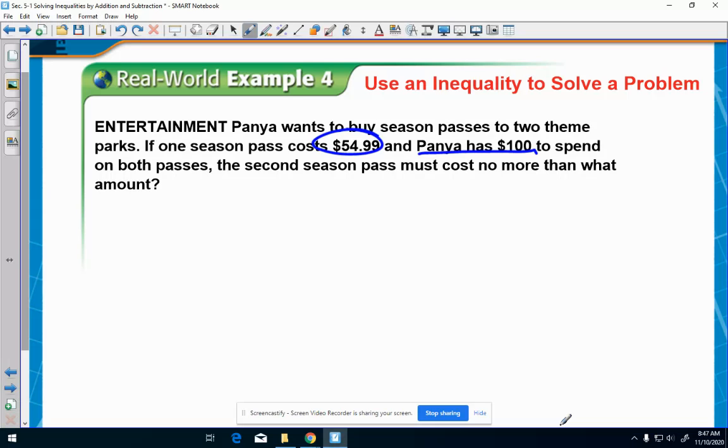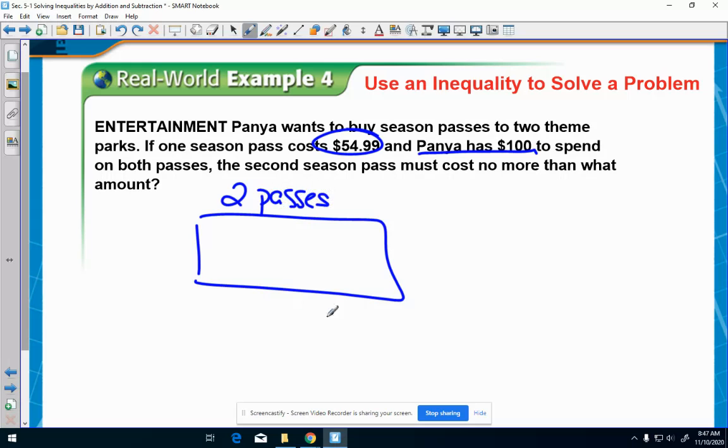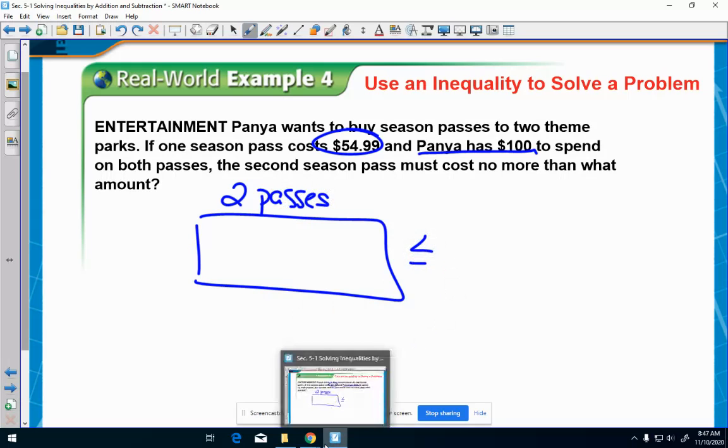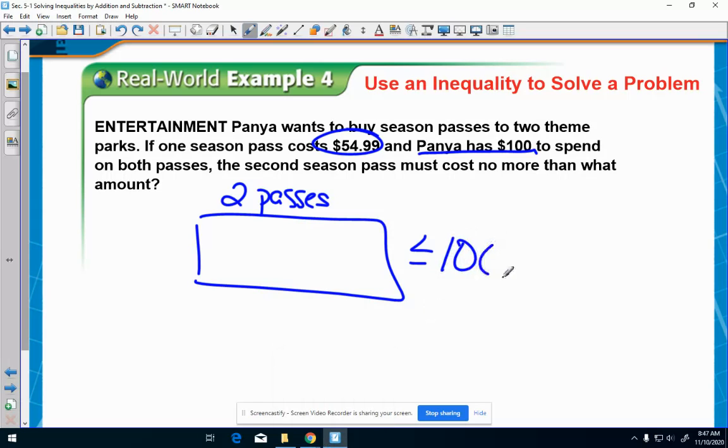Do you know what symbol is going to go into this form? What inequality symbol am I going to use? Good. Less than or equal to. She's only got $100, so whatever I'm going to put over here for the 2 passes is going to have to be less than or equal to what value? To $100. That's all she's got.